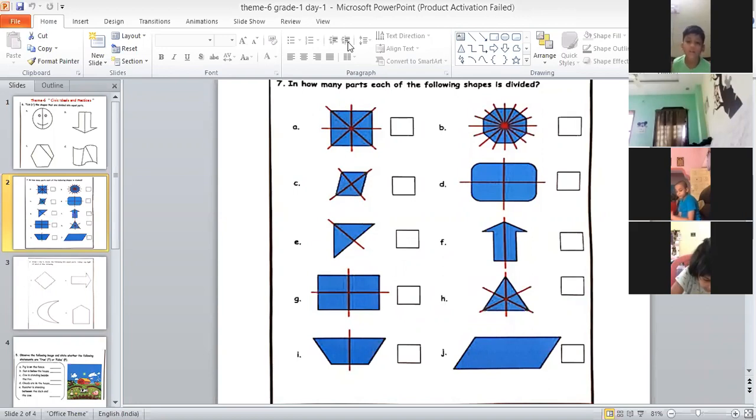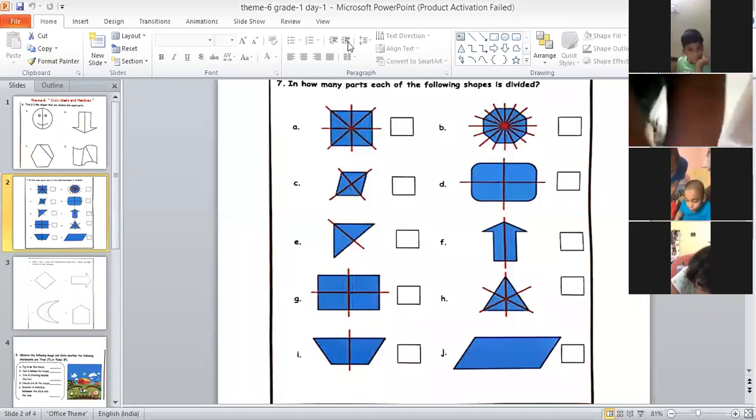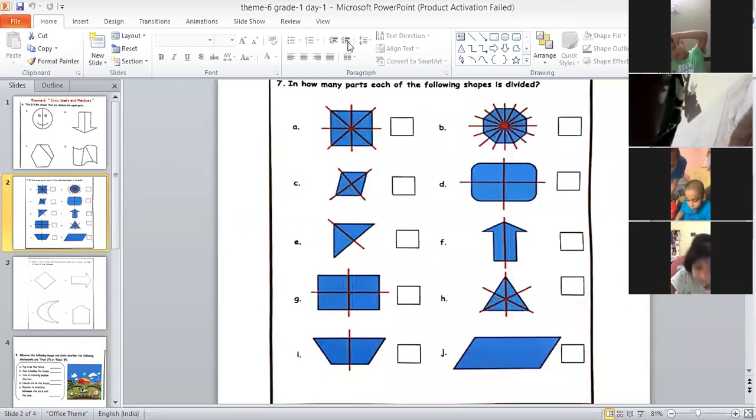And these 3 lines are dividing this paper into 4 equal parts. See here, 1, 2, and 3. We have here 3 lines, but these 3 lines are dividing this paper into 4 equal parts. First part, second part, third part, and fourth part. Right? So in this way, we can count into how many equal parts the given shape is divided. Like this paper is divided into 4 equal parts. Okay?